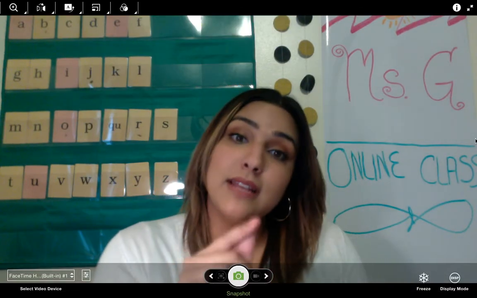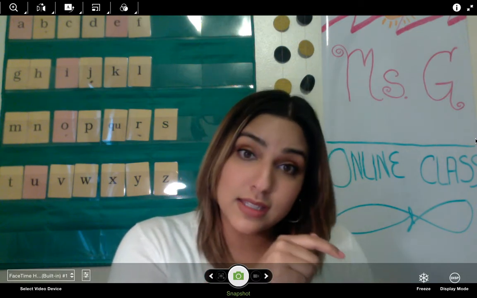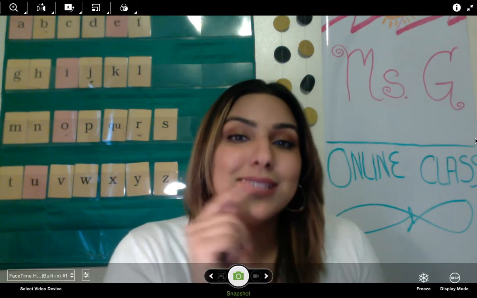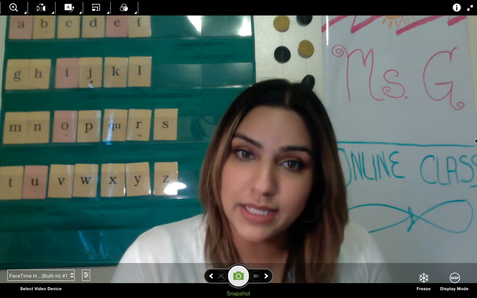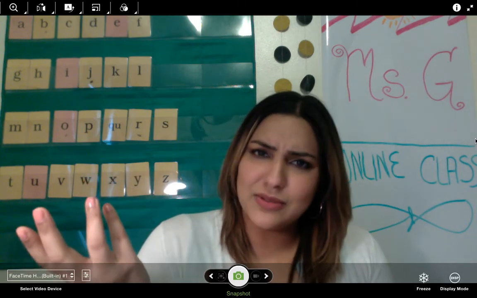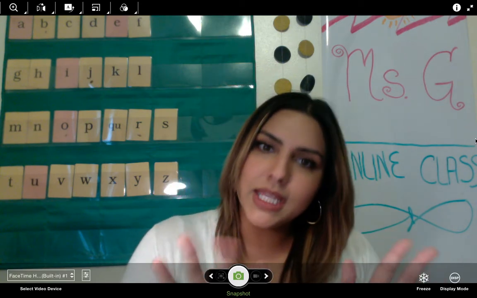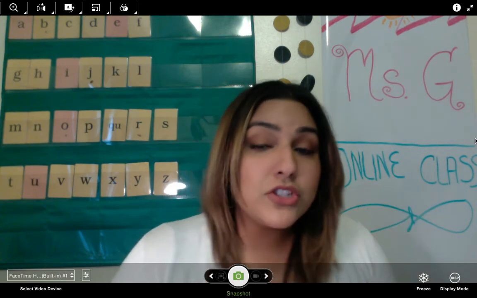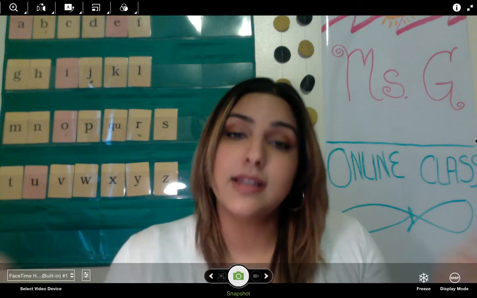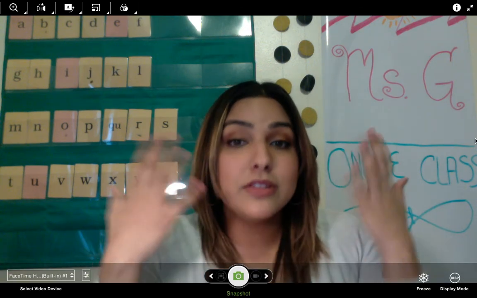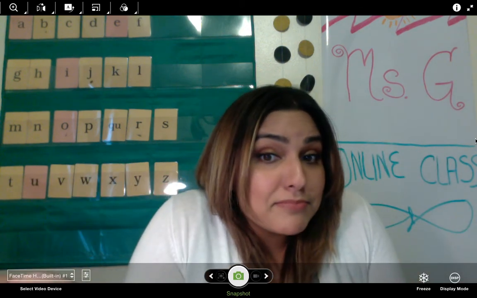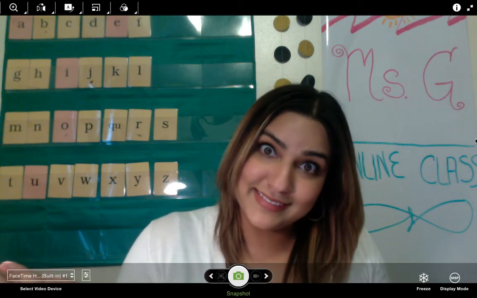We're going to find out the main idea in our text, and then we're going to use key details to explain it. Now, what are key details, right? You might be saying, Miss G, I don't remember what that means. That's okay. Key details are the pictures and the words that come together to make us understand what the story's mostly about. It helps us with the main idea, okay?